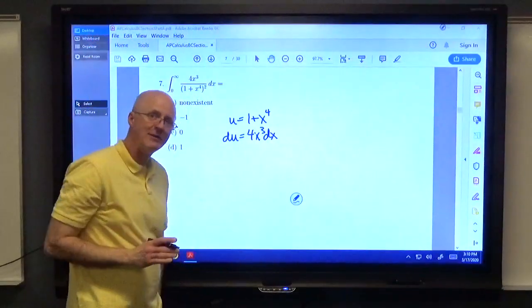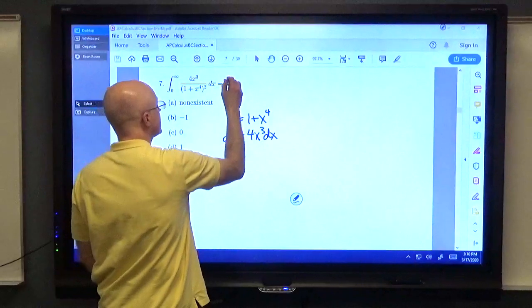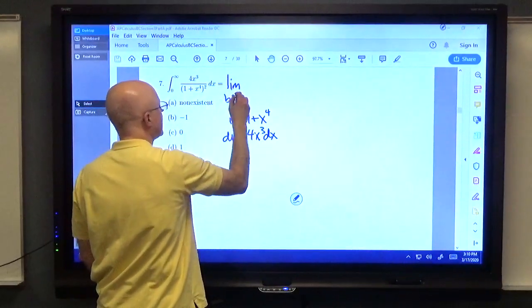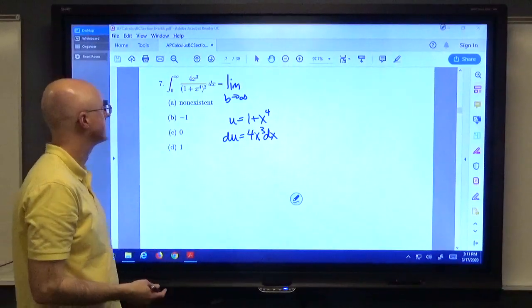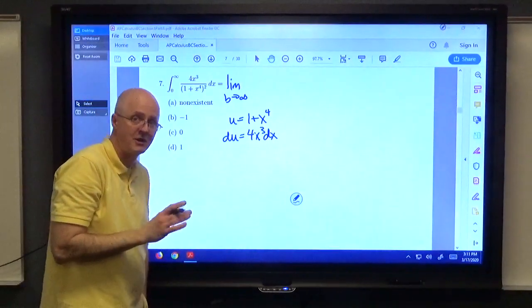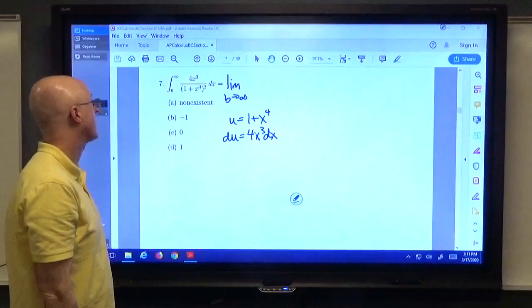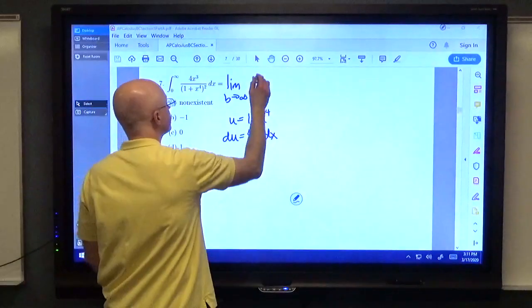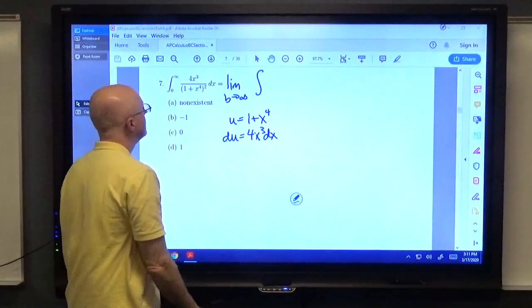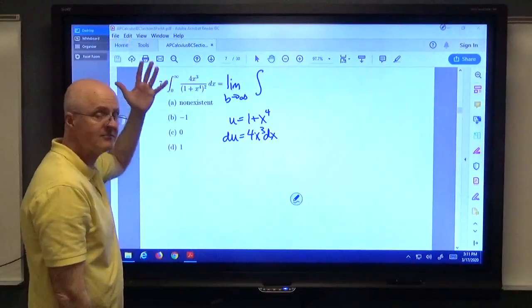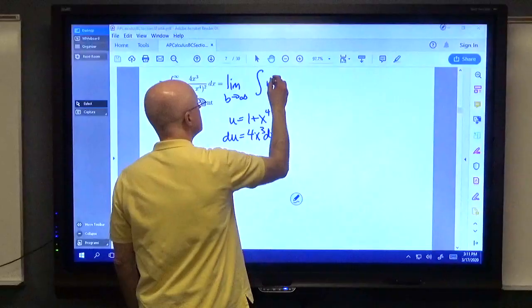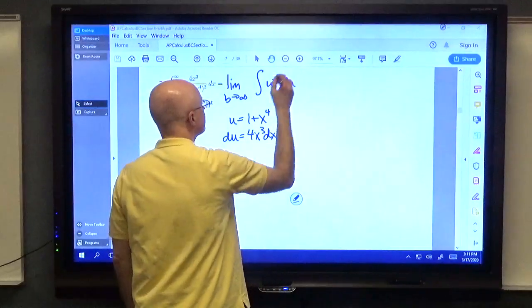Again, you could get away without writing limit signs, but just to emphasize its importance in terms of the definition of improper integrals and to avoid some mistakes that could occur with harder problems, I'm going to go ahead and put the limit sign in there. Really what I've got then is du over u squared. It's u to the negative 2 du.